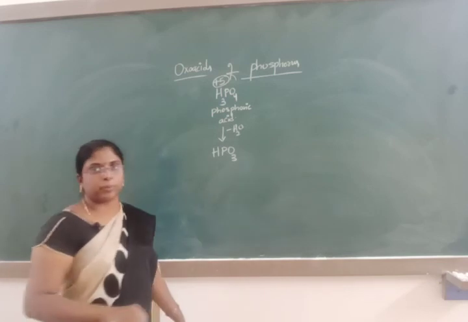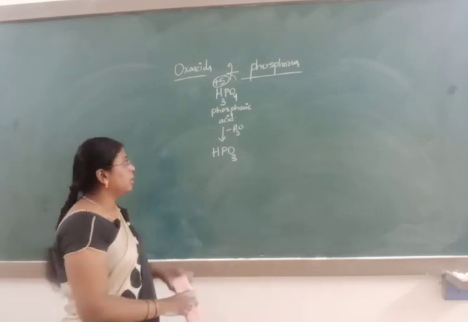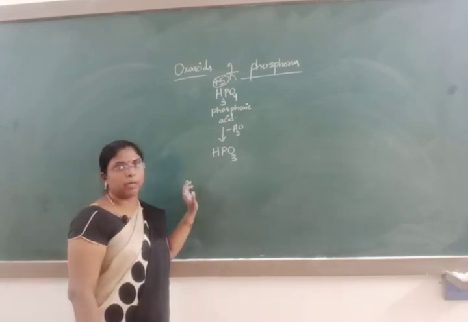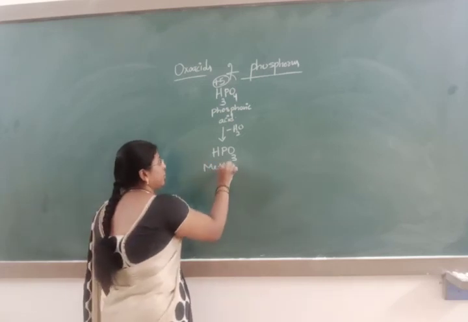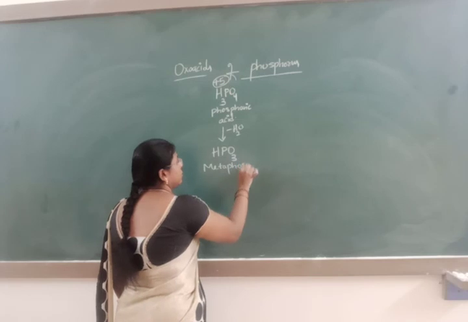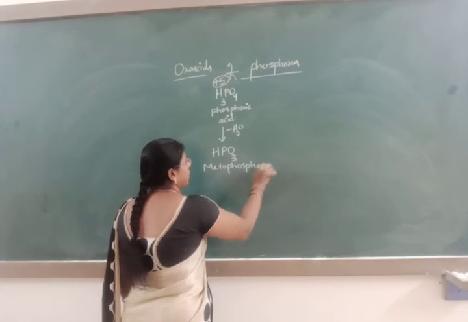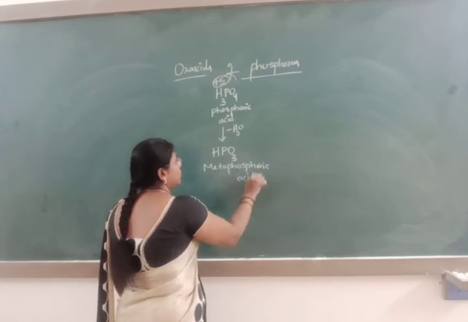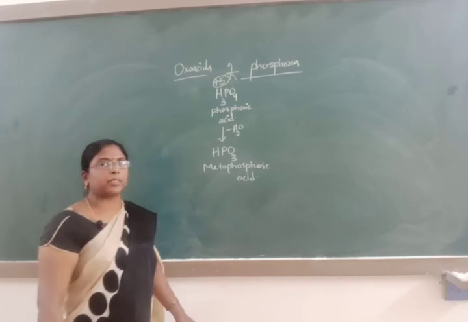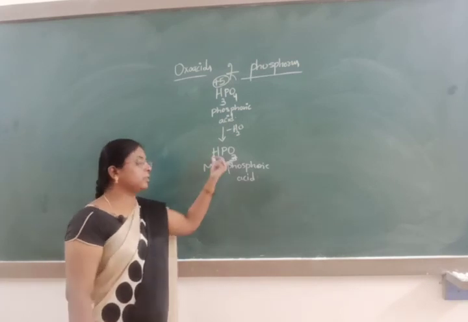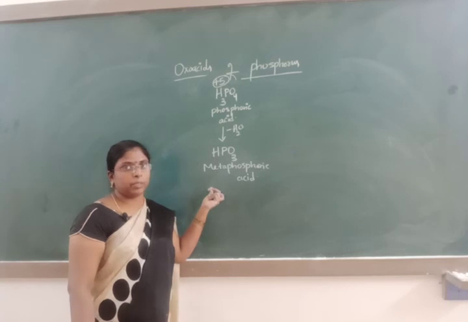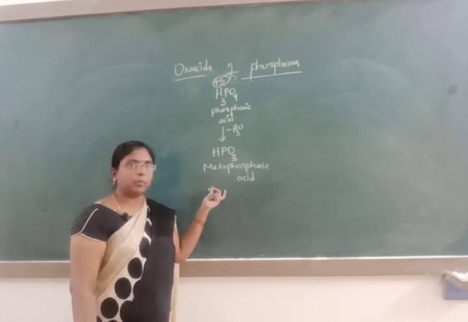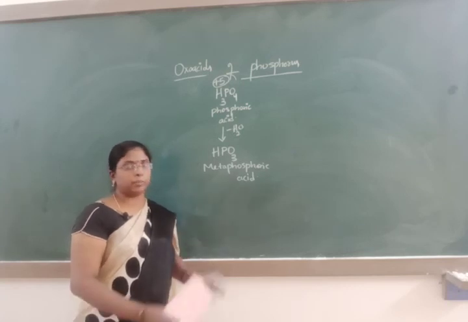This HPO3 is known as metaphosphoric acid. It will never exist as a single unit. Always it will be at least in the trimeric state. At least 3 units will be combined here.